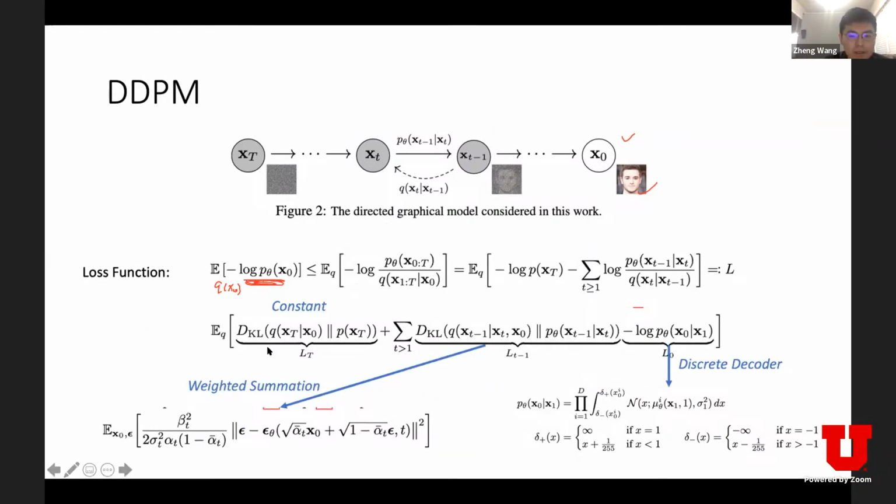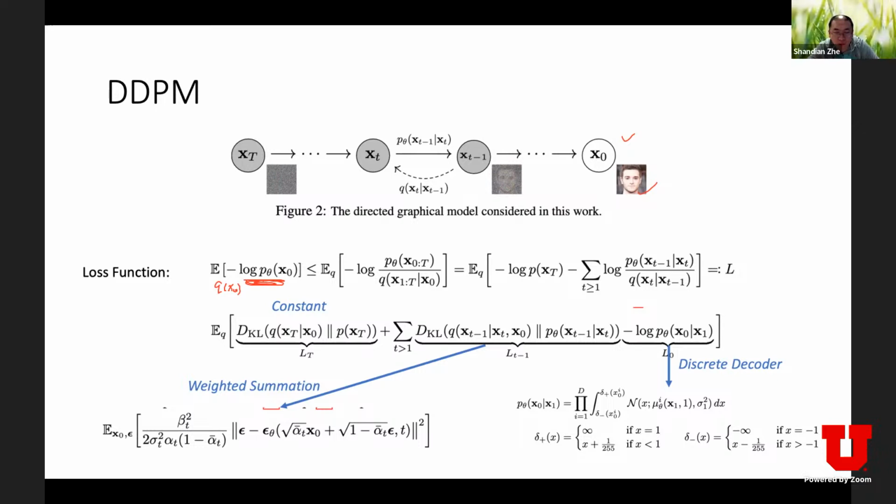So here is a constant. We don't have to calculate the first term L T. Isn't it because those alpha t's are just constant once you set up beta t's? Yes. You don't care about that.